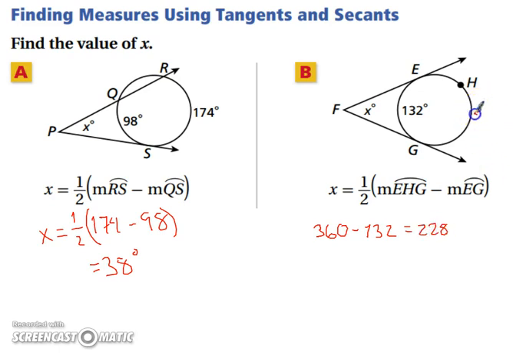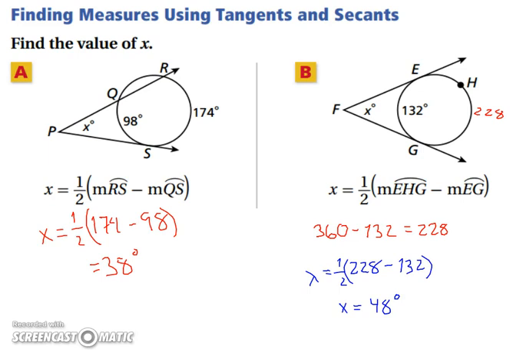So this exterior arc out here is 228. Now you can plug your 228, your 132, and your x into your formula. So we have 228 minus 132, and then we're going to take half of that, and that will give us what x is. In this case, x is 48 degrees.